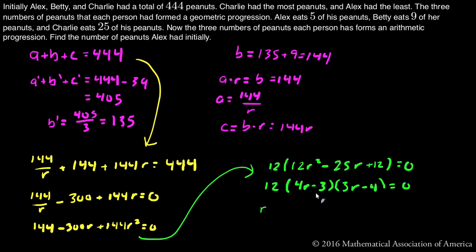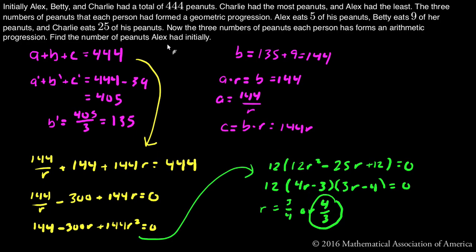So my common ratio is either going to be 3/4 or 4/3. And since it's increasing from Alex through Charlie, I'm going to choose a common ratio of 4/3.